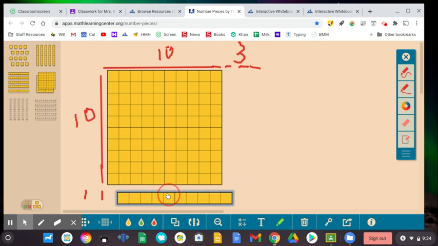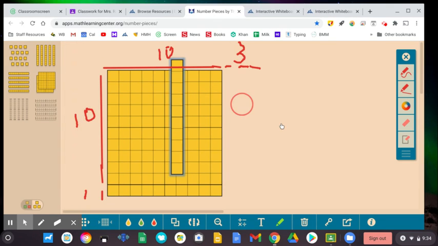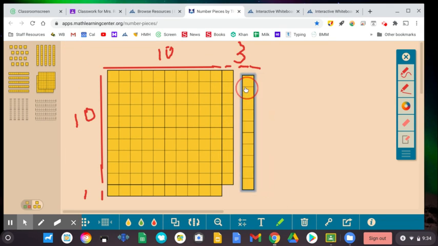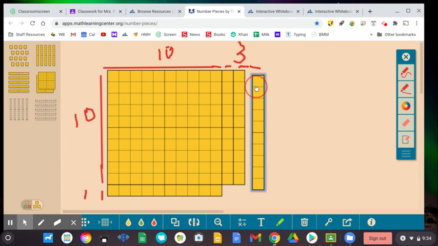Let's put it down here. Okay, so that gives us 10 plus 1, which is 11. Now we need to make this one 13 across. So now we're at 10 plus 1 is 11, plus another one is 12, plus another one is 13.